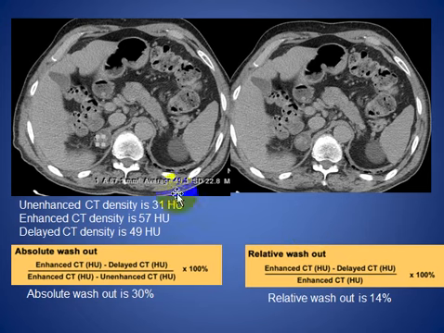The absolute adrenal washout is 30%, so this is not a benign lesion. And the relative washout is 14%, so this is also not a benign lesion.